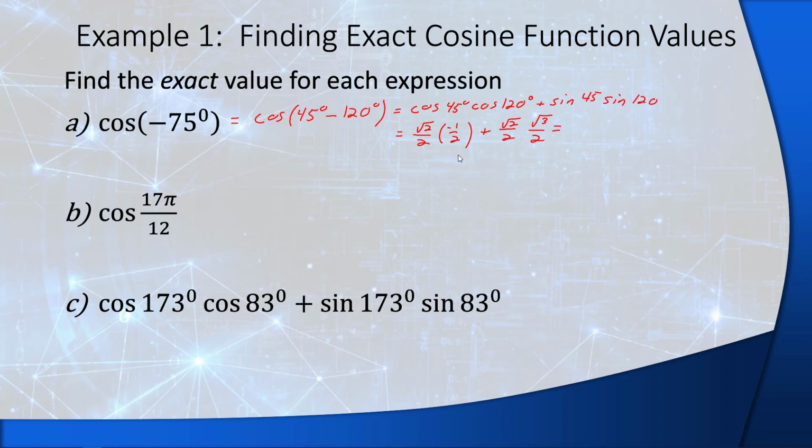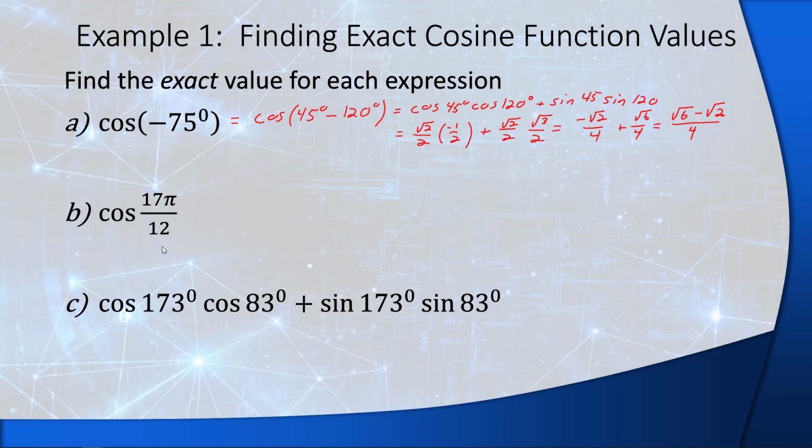Okay, we can multiply and simplify, and we will have negative root 2 over 4 plus root 6 over 4, and further simplifying it, making it look a little neater, we can write this as root 6 minus root 2 divided by 4. And that is the exact value for the cosine of negative 75.